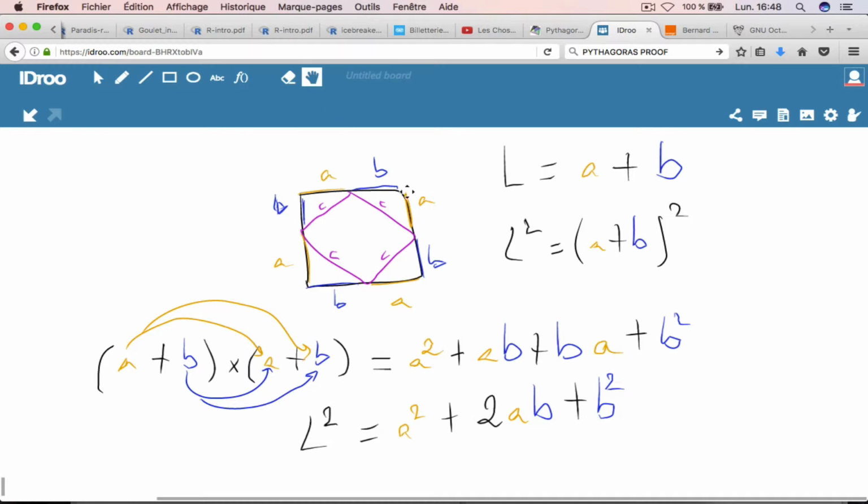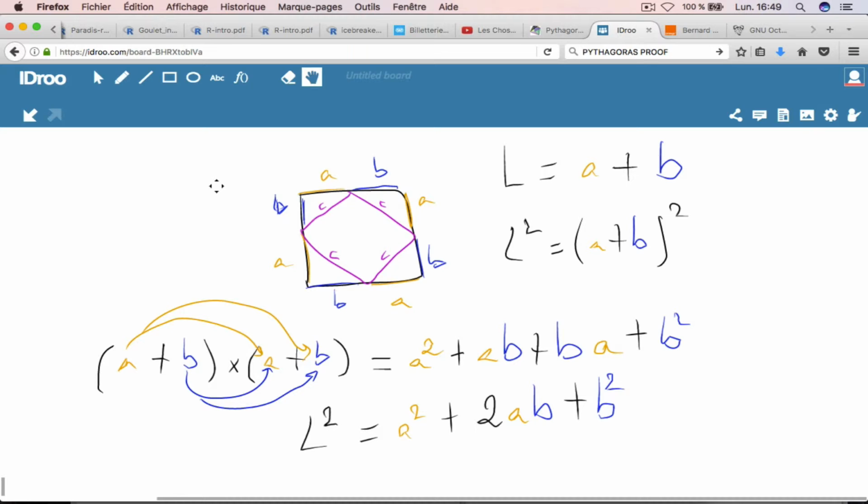Now, let's check it out. We've got 4 right triangles with the same size and 1 tiny square. So, let's compute the area of one of the 4 right angle triangles. Remember, we've seen that yesterday.